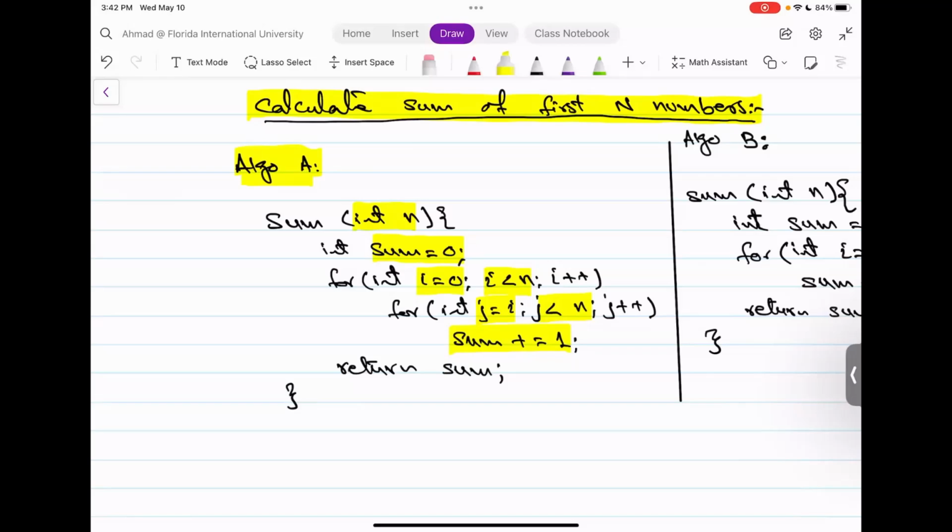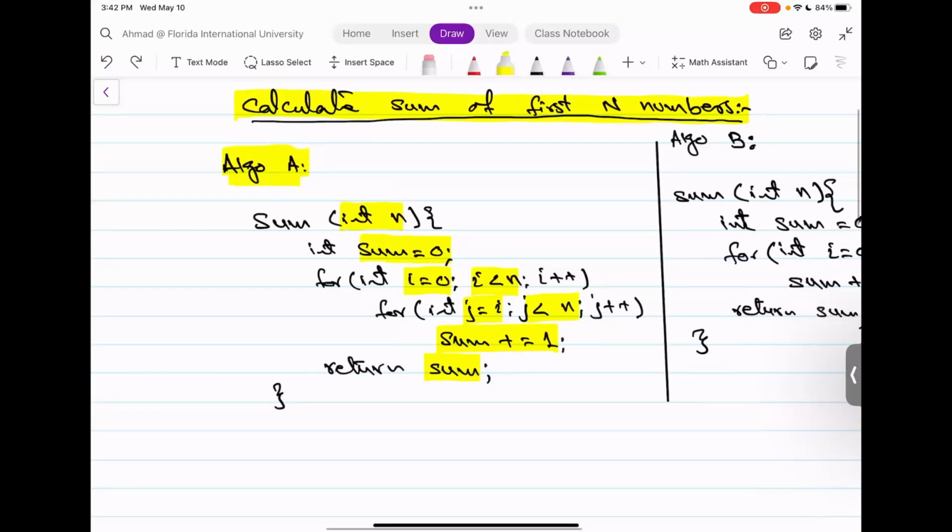So every iteration adds 1 to the sum. Once both loops are over, I return the sum. At the end of these two loops, sum will contain the sum of the first n numbers, right? Okay, now this is one solution.